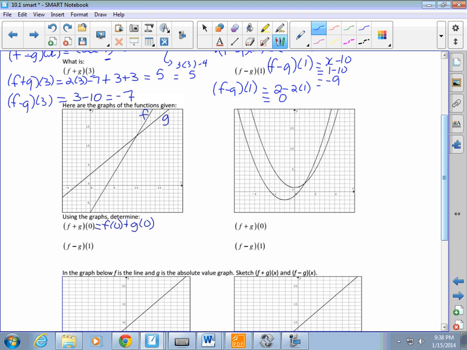So it's a negative 7. So f of 0 is equal to negative 7 plus g of 0. So when I'm 0 here, it's right here, which is at 1, 2, 3. So negative 7 plus 3 is negative 4.